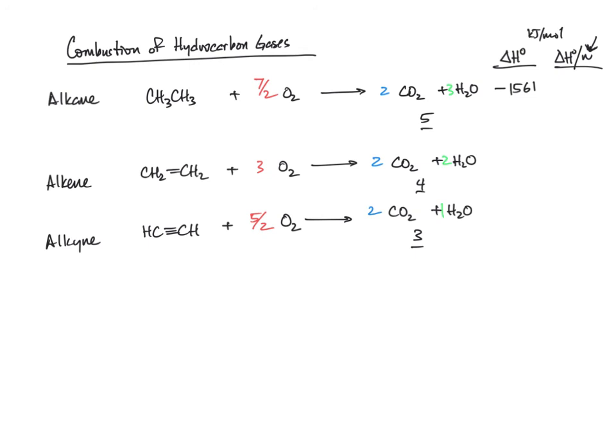What you really need to pay attention to is the logic being talked about. So this reaction produces this much heat. This reaction produces negative 1,410. And finally, this reaction, negative 1,326.